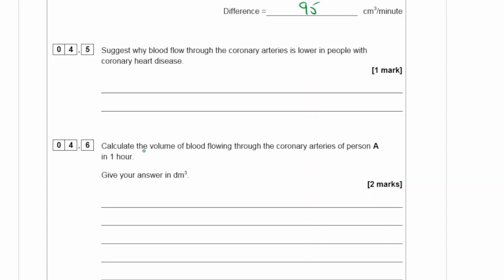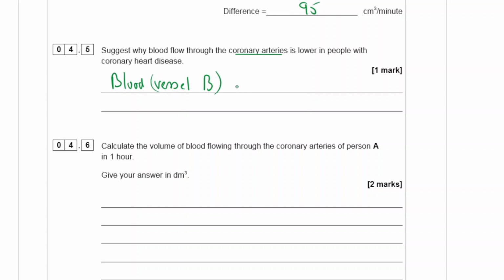Suggest why blood flowing through the coronary artery is lower in people with coronary heart disease. Right? Main reason is the blood vessel, which is basically the coronary arteries, right? Actually, let's call it coronary arteries.